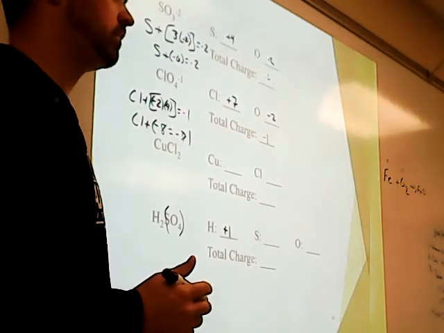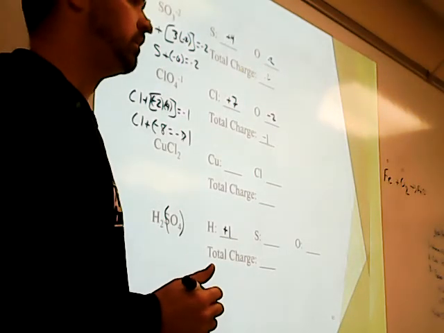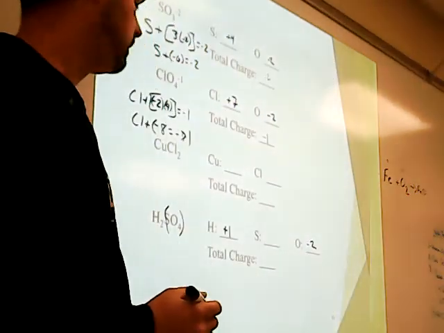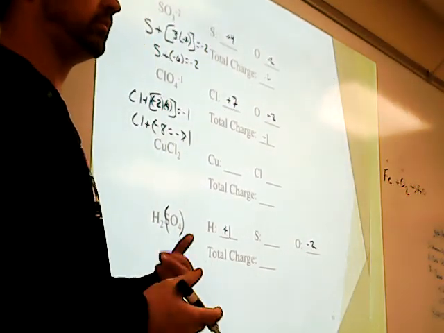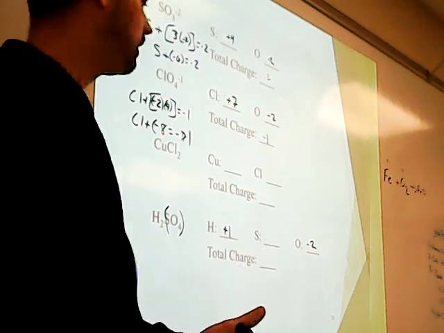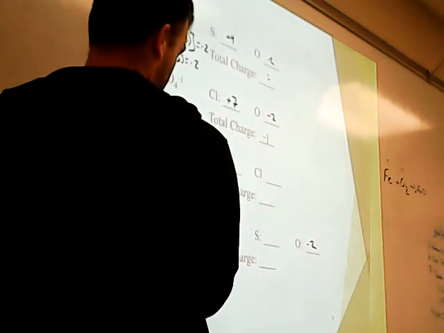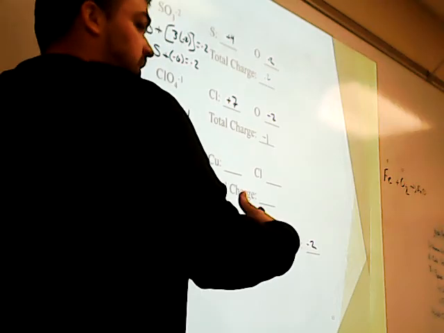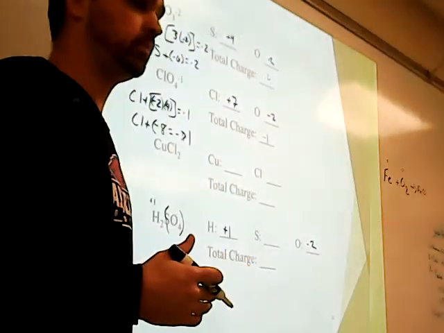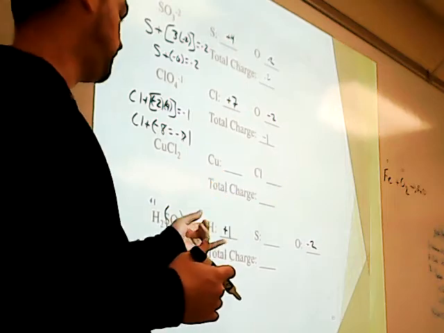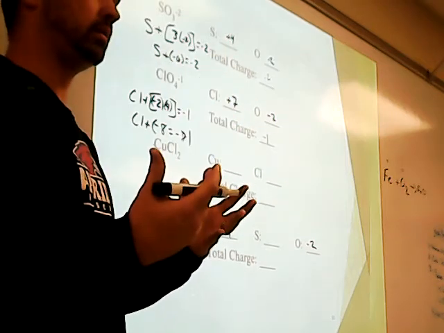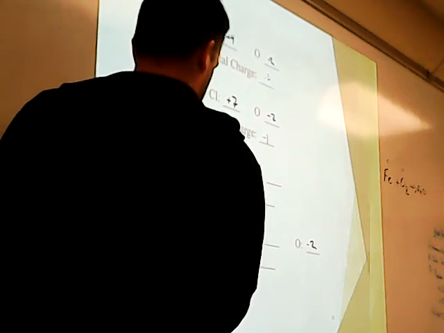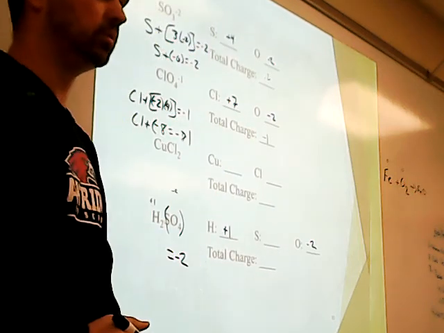Moving to oxygen. -2. Now the tough one is sulfur, because it doesn't fall underneath any of the rules. If hydrogen carries +1 and there are 2 of them, technically it's bringing how many charges to the party? +2, which means sulfate has to have an overall charge of -2.